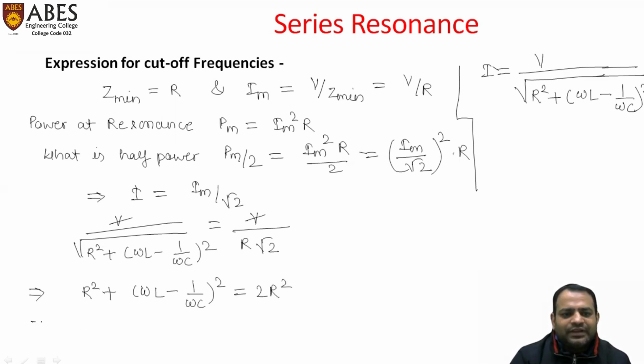And after solving, it is omega L minus 1 upon omega C whole square is equal to R square.